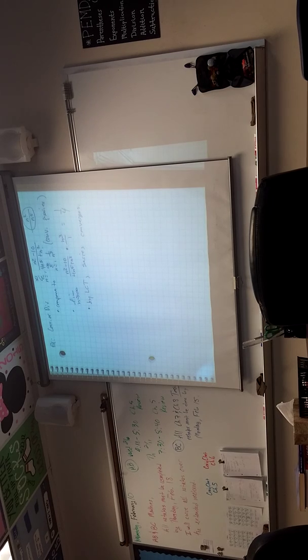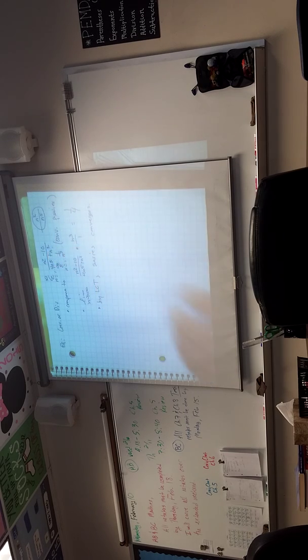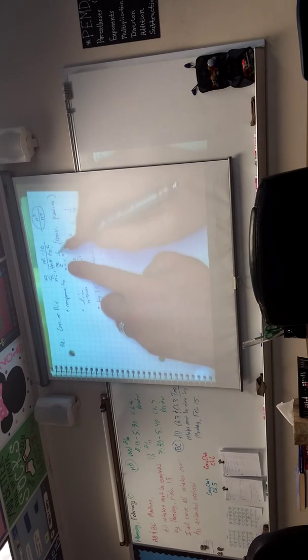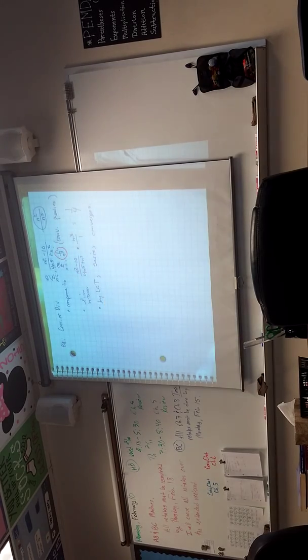All right. So what I'd like to do is this. I want you to notice that this particular problem yesterday, we discussed how we would compare this to a known series that either converged or diverged. And we compared it to a p-series, and I chose 1 over n cubed.